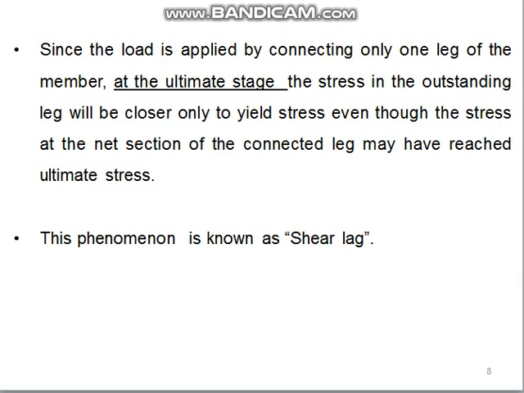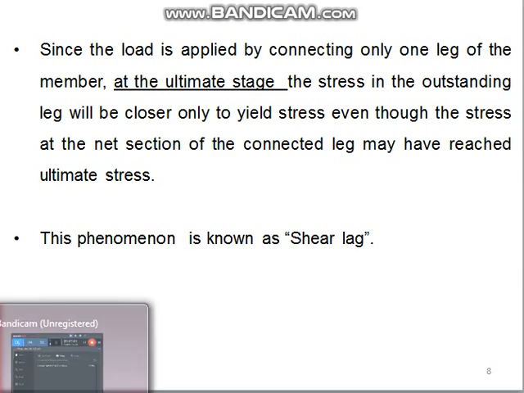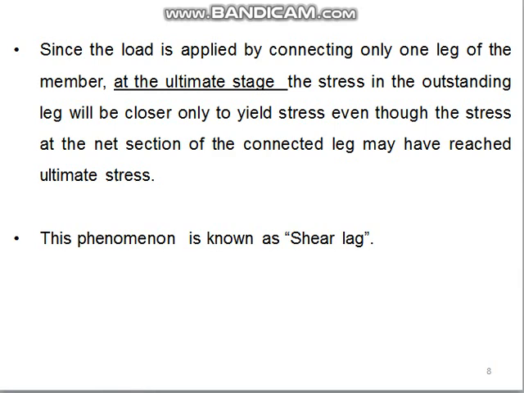Since the load is applied by connecting only one leg of the member, at the ultimate stage, the stress in the outstanding leg will be closer only to yield stress, even though the stress at the net section of the connected leg may have reached ultimate stress. This phenomenon is known as shear lag.